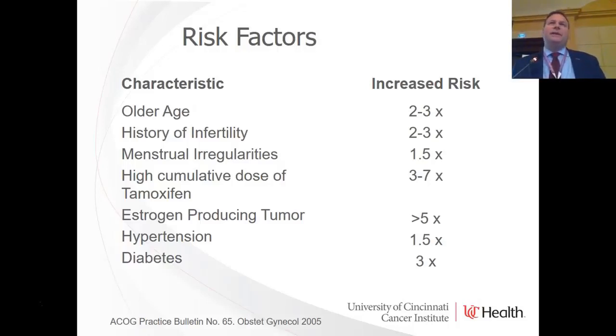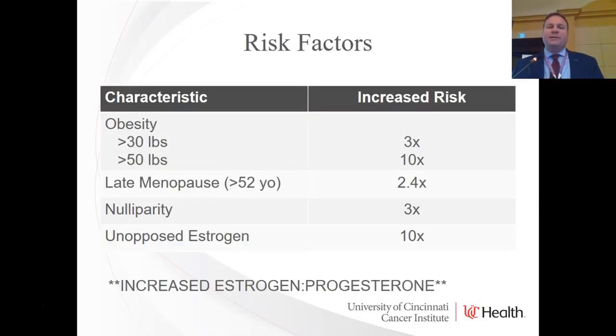Classic risk factors that we associate with endometrial cancer are generally associated with cumulative estrogen exposure: age, history of infertility, and menstrual irregularities that all decrease the relative exposure to progesterone and increase the relative exposure to estrogen. Tamoxifen exposure and less common things like estrogen-producing tumors all increase risk.